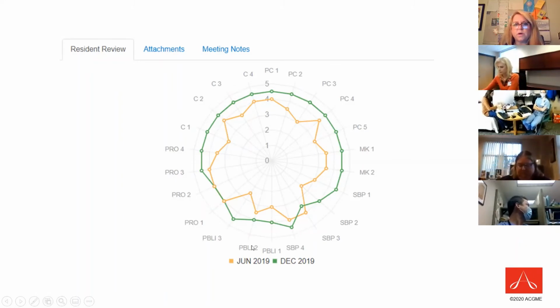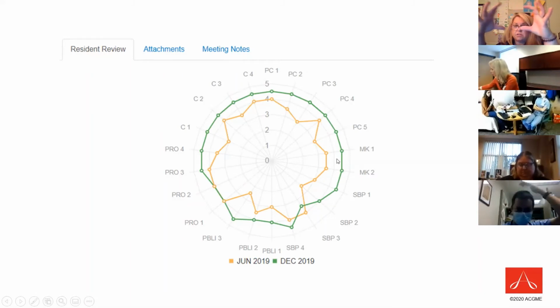So this one would be the end of the year from one academic year, and then December is like the mid-year from the next academic year. And we want to see that there's growth. And so that spider graph should continue to get sort of farther out from the center, and that helps us to determine how there's growth.